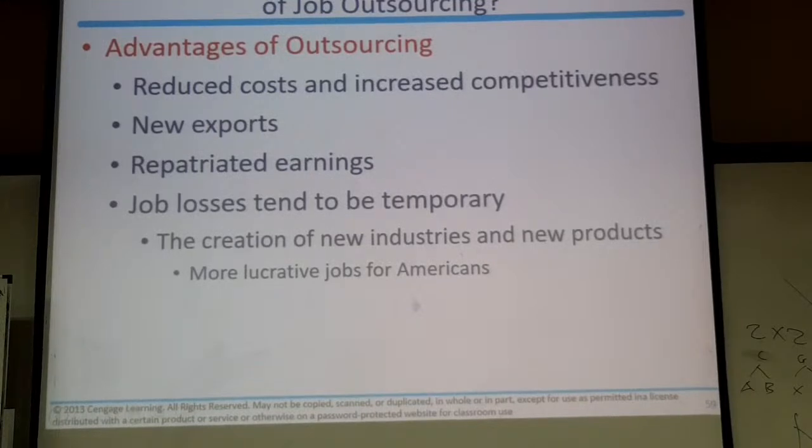Advantages of outsourcing: reduced costs and competitiveness, new export, repatriated earnings, job losses tend to be temporary. However, there is the creation of new industries and new products, more lucrative jobs for Americans. So despite the Ricardian model, outsourcing is good because that will help American companies focus on what they can produce most efficiently.